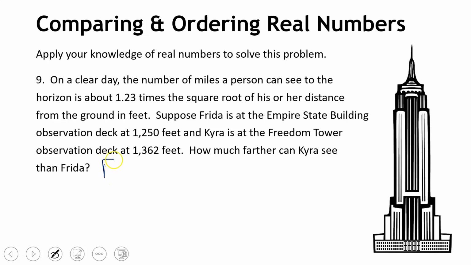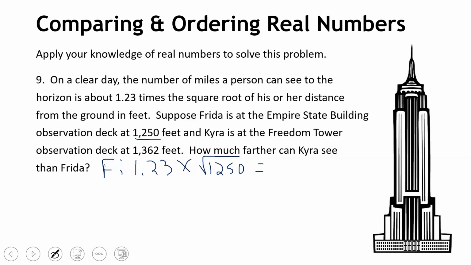So let's do some calculations, and you may use your calculators. So Frida is going to be 1.23 times the square root of her distance from the ground, which is 1,250 feet.